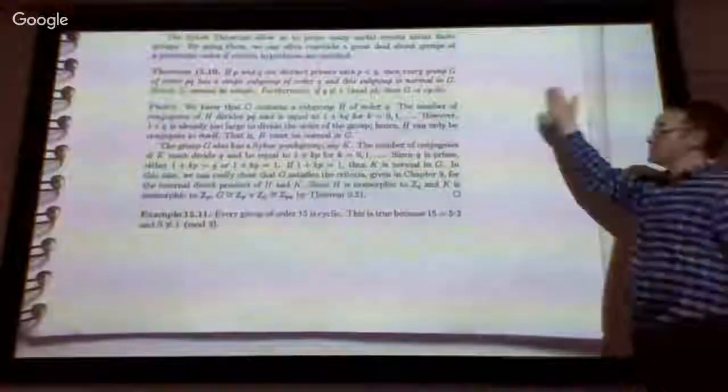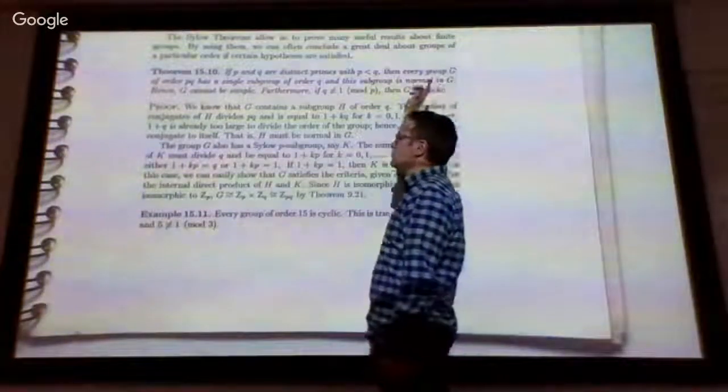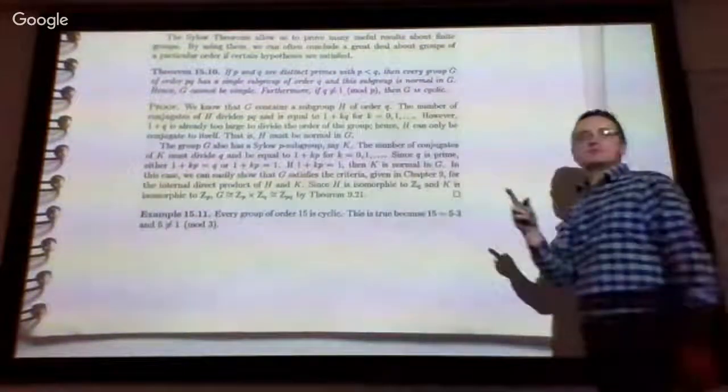If we're dealing here with every group of order the product of 2 different primes, not one of order p squared, which is the same prime by itself, but every group of order pq, what we're going to do is show that all of these groups have to have a normal subgroup.